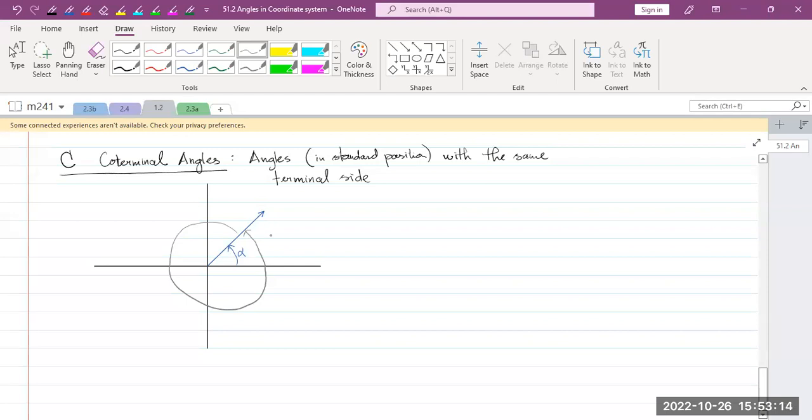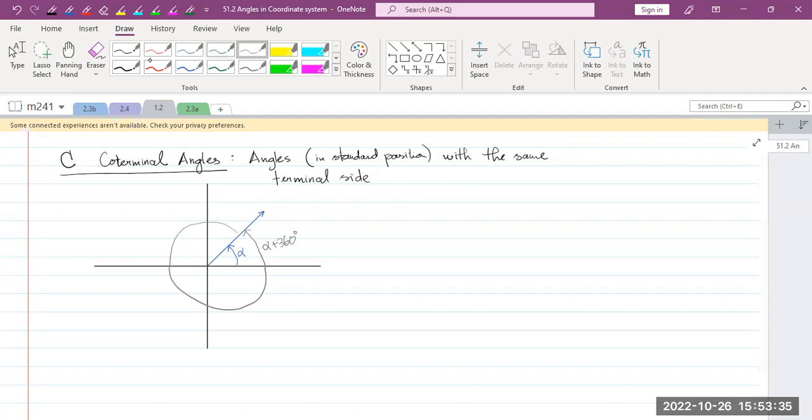You call that coterminal angle alpha plus 360 degrees. In fact, you can subtract 360 degrees too.